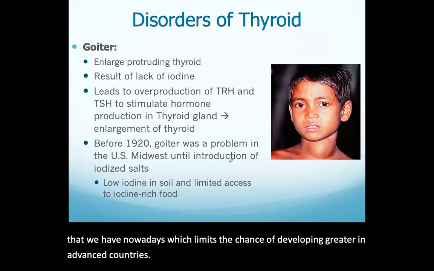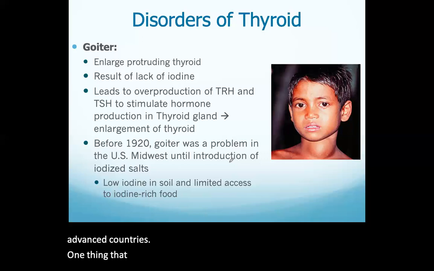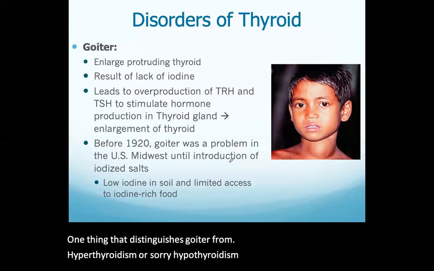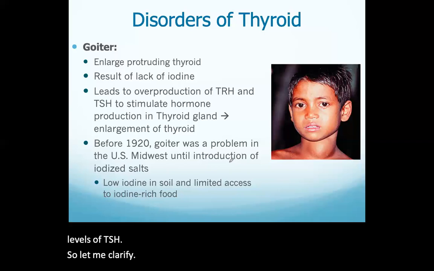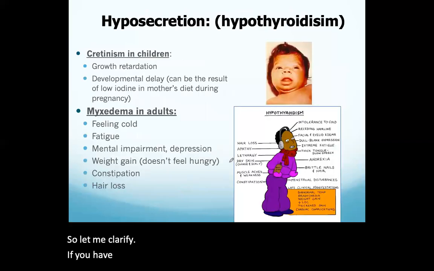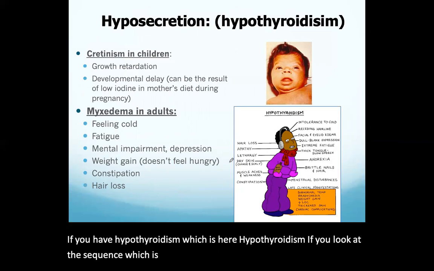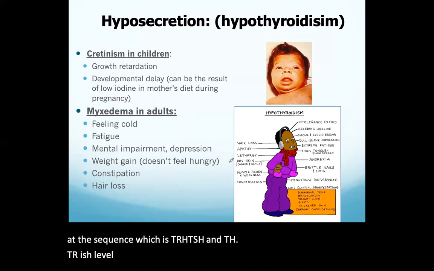So one thing that distinguishes goiter from hypothyroidism is the levels of TRH and levels of TSH. Let me clarify. If you have hypothyroidism, if you look at the sequence, which is TRH, TSH, and TH, TRH level is probably low.